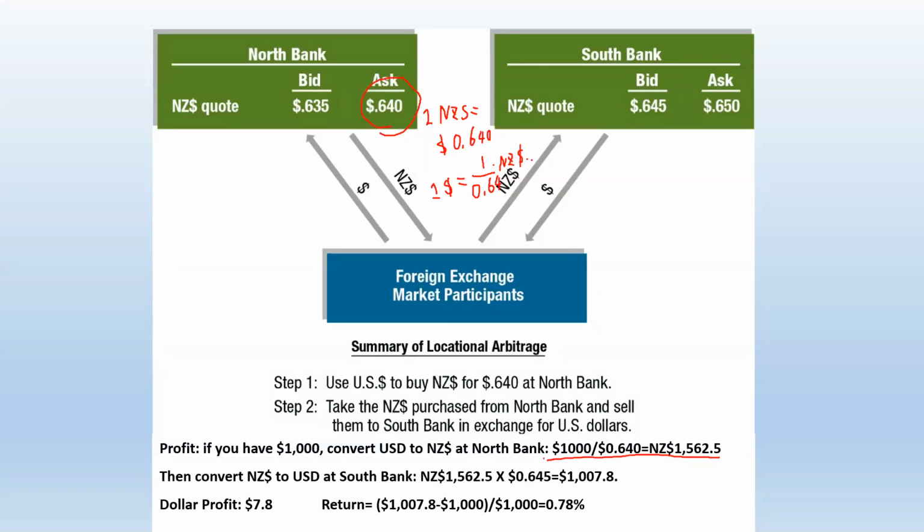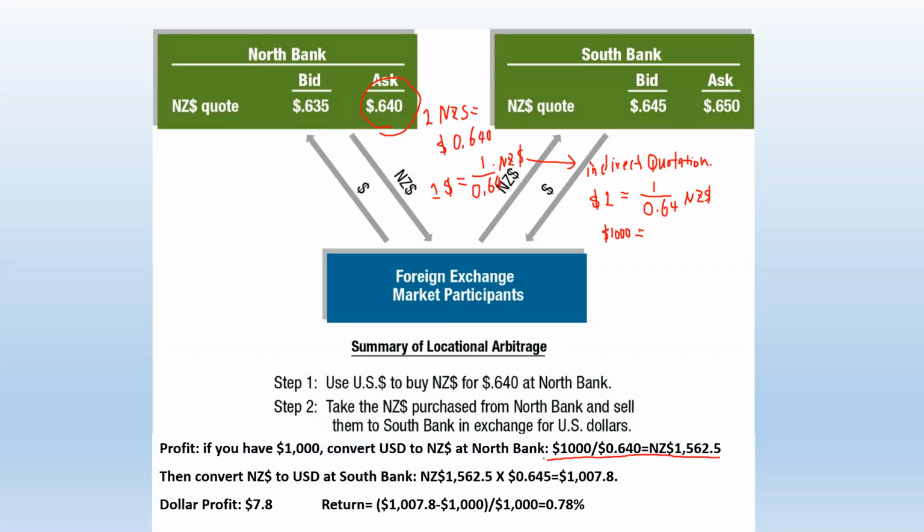This is the indirect quotation. So basically it's 1 US dollar equals to 1 over 0.64 New Zealand dollar. Then if you have 1,000 US dollar, how much you will have?